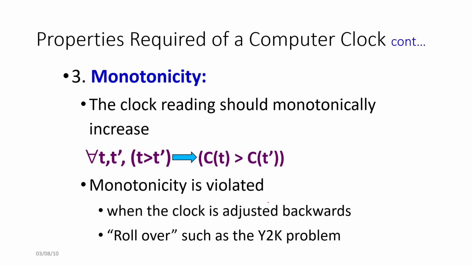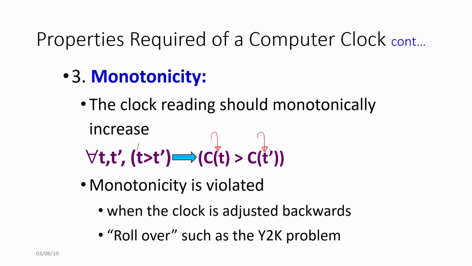The third property that we desire in a good computer clock is monotonicity, which means that it should monotonically increase. In this chapter and the next one, we shall see algorithms to adjust clocks, but we should not adjust the clock such that, if there are two time instants where t is greater than t dash, we do not have c(t) greater than c(t dash).